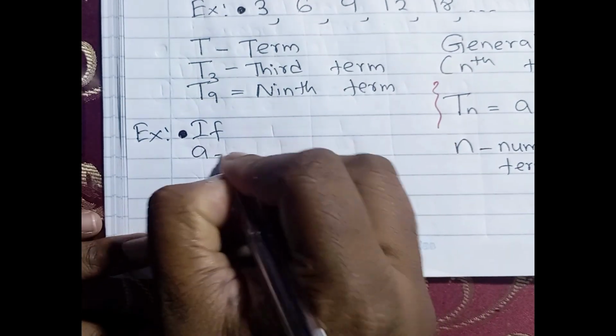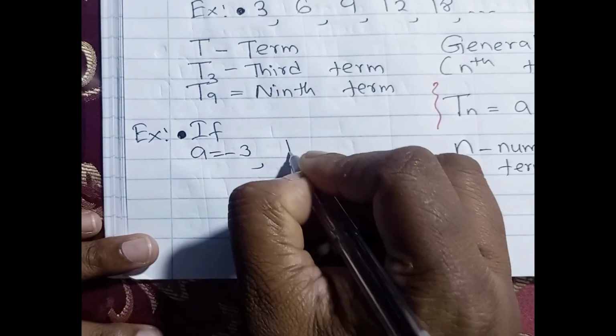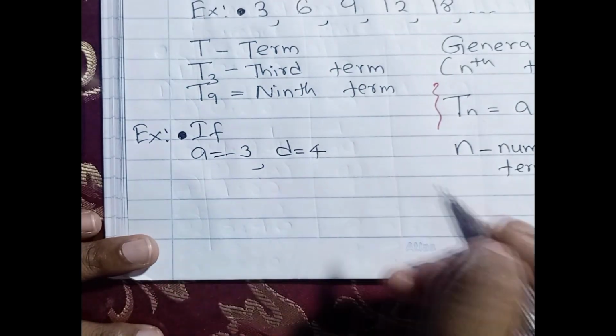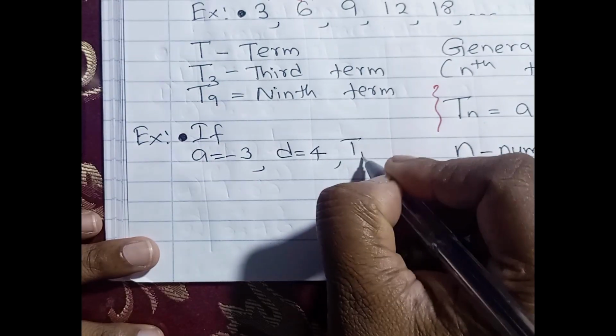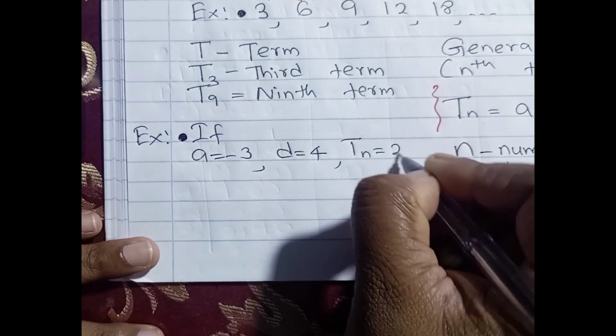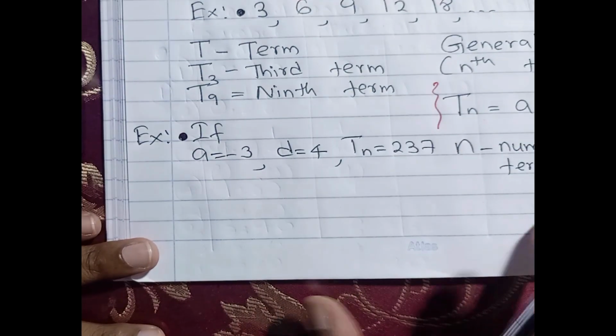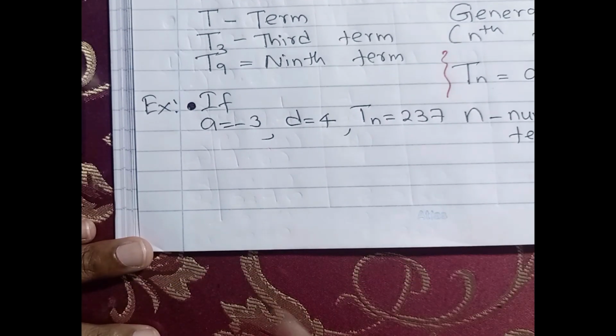If a equals minus 3 and d equals plus 4, and they have given that Tn, or the nth term, is equal to 237. According to that they are asking you to find the number of terms in this arithmetic progression.